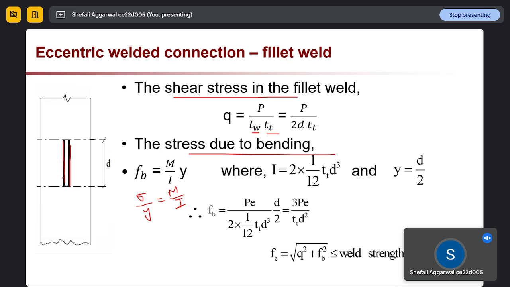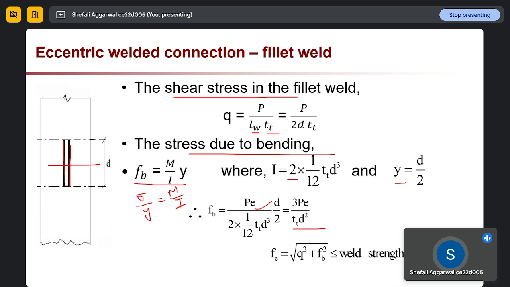Since it is there on two sides, we are multiplying by 2, and y is equal to the distance from the neutral axis, sorry, it will be d by 2. So from there we can calculate fb, which will be given by M is P into e, and then putting all the values here, we are getting fb is equal to 3Pe divided by d t d square.